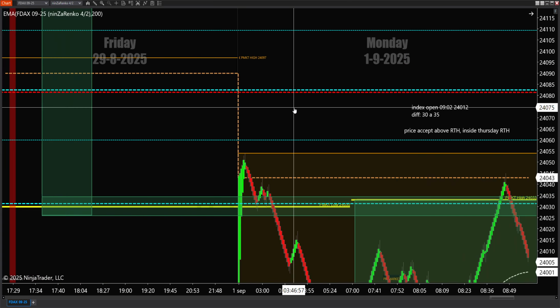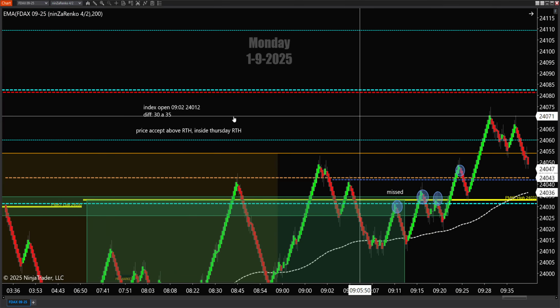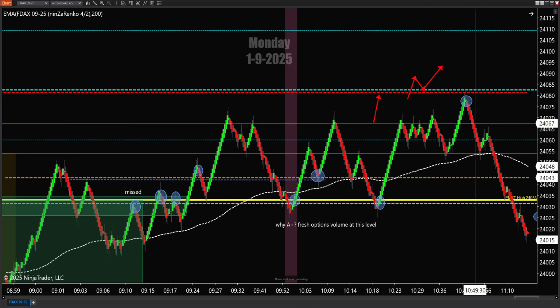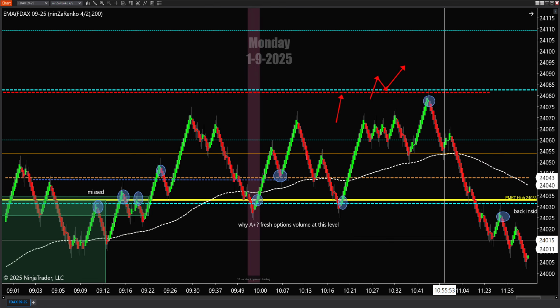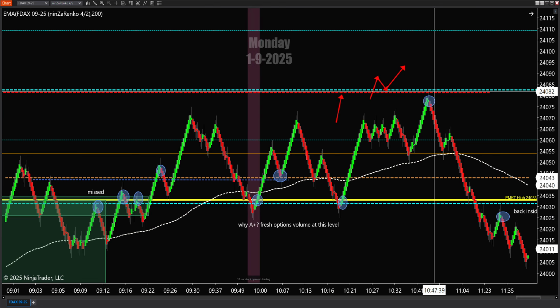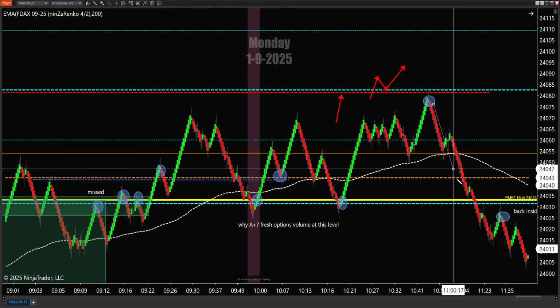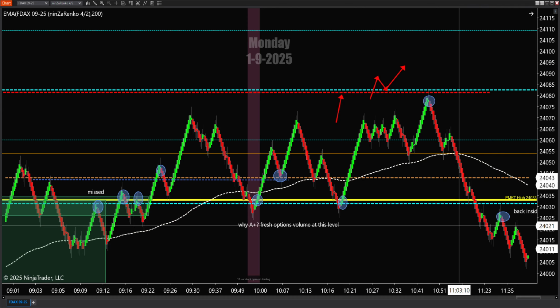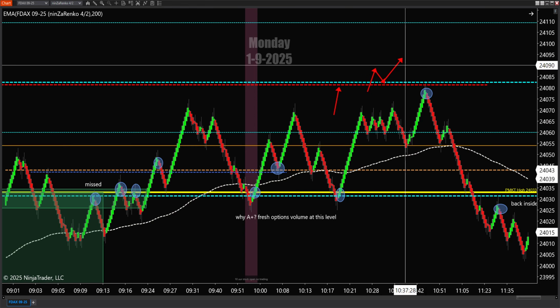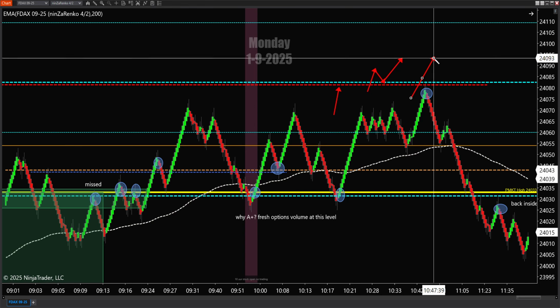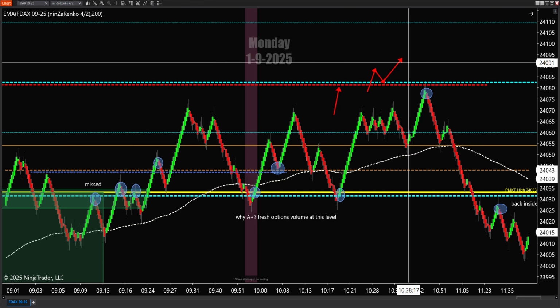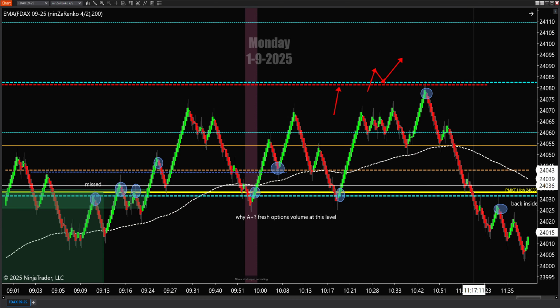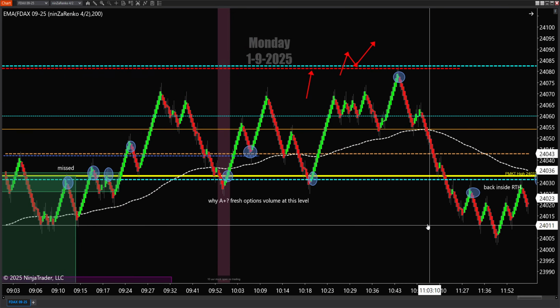Standard in my plan is first and second bounce of any point of control if it's fresh. Well, this red line didn't get hit during this session, so I just shorted this one. Bam. Very nice. See how big this move was? 40 ticks at least to here. What happened? Price did not get acceptance in the upper half of that profile. It even went back into our normal RTH.